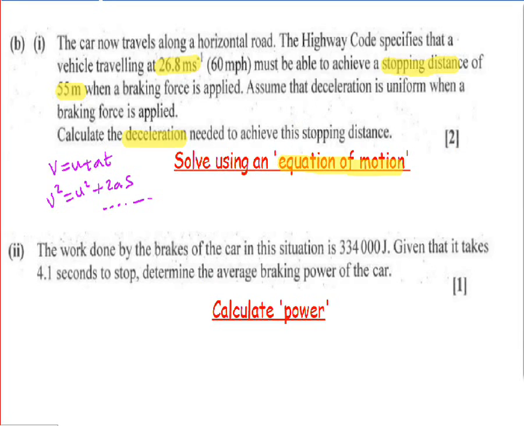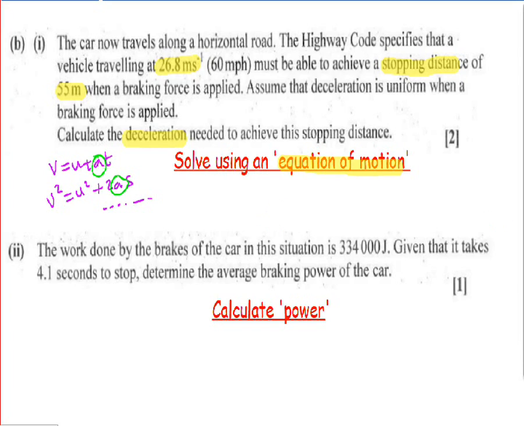What you've got to do is find the acceleration. Whichever equation you decide to use, given the information, you've got to rearrange it to find the acceleration. That's what that question's all about, really. So again, I'll let you look at that.